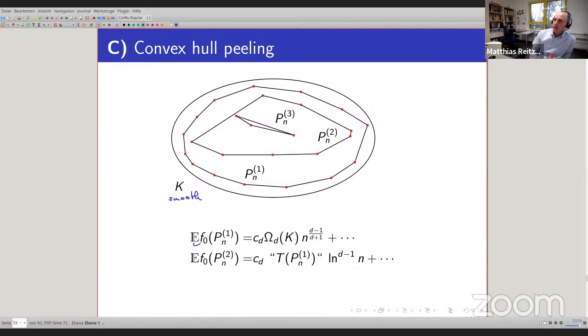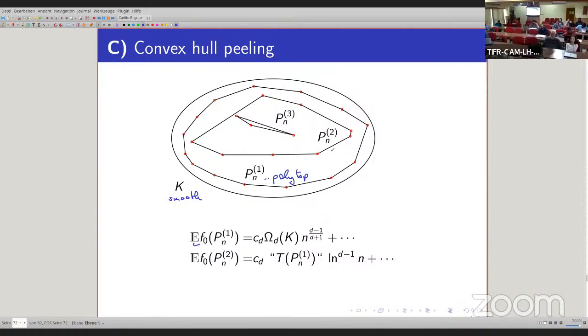And now let's assume we're interested in the second layer here. What do we have? We have a first layer. This is a polytope. In this polytope, which is the first layer, we have random points inside. And we are asking the question, I have random points inside this polytope.